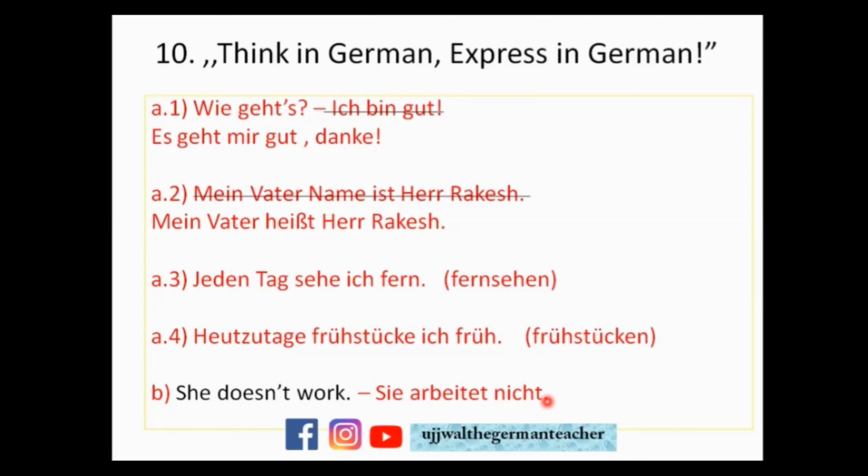Many students get confused and they think, okay, how will I change does or do? They ask the question: how to say do or how to say does in German? You don't have to worry about that. You just need to express the thing that we need to do here. So she doesn't work: "Sie arbeitet nicht." Einfach. Easy. Okay.